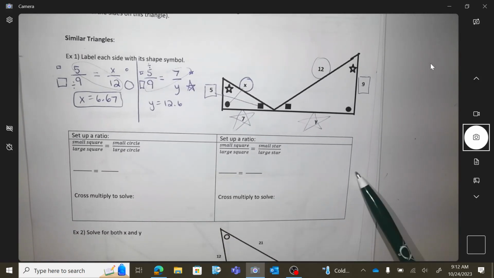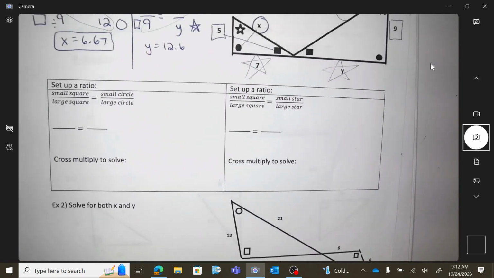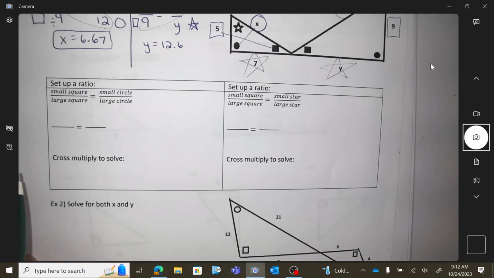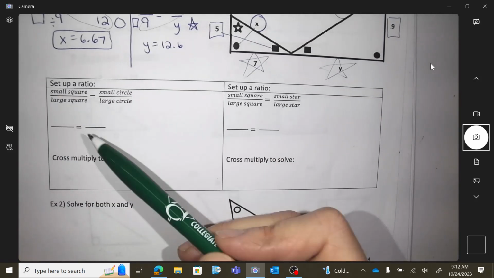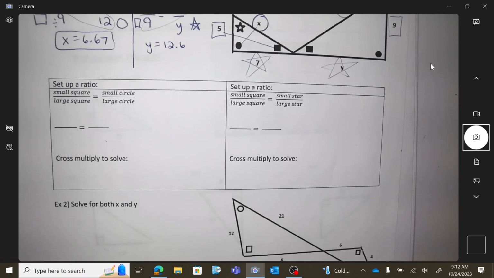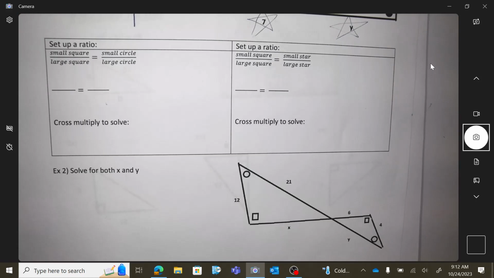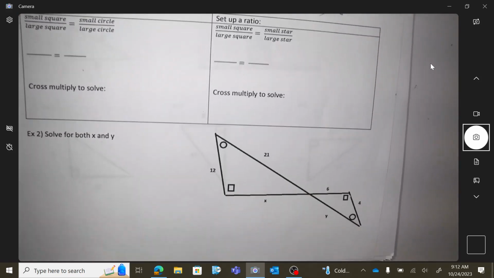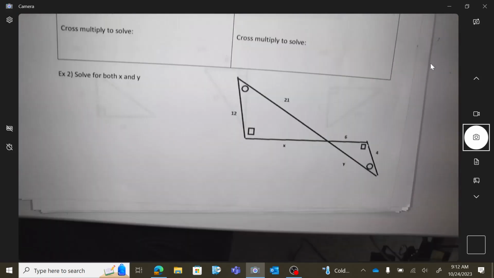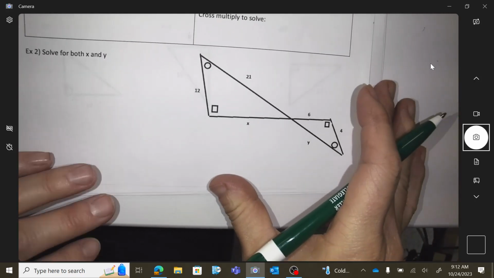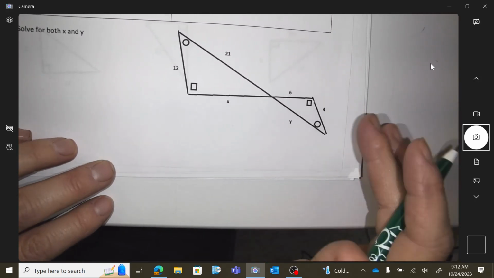Oh, I left room right below. That's nice. So there's what I did. I should have just put those in there, but that's okay. Did you guys put yours in the boxes? Nope, you didn't realize that either. Okay. So number 2, I want you to label.